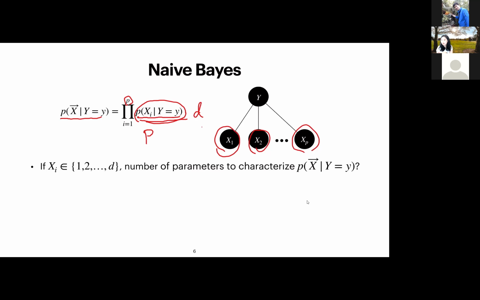So you can see the difference here. Before it was d to the power p, now it is dp. So it is a huge saving in terms of the representation complexity needed, or the number of parameters needed to represent these conditional probabilities.